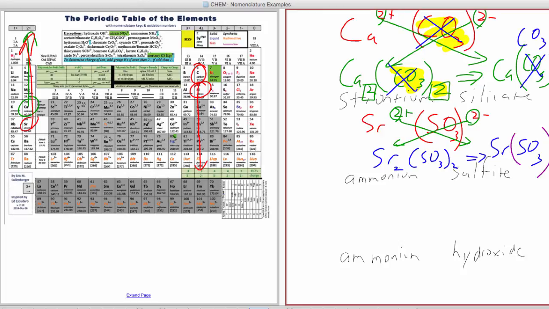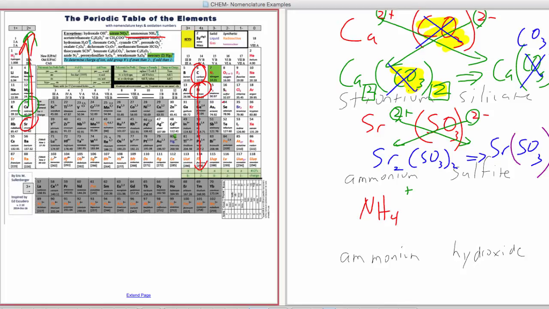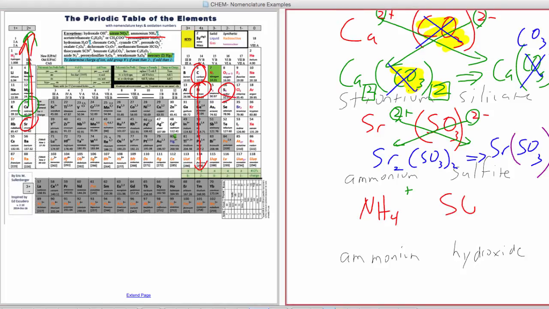Ammonium sulfite. Well, I happen to remember already that ammonium is one of the exceptions on the polyatomic ion chart. It's that one there. You could scour the periodic table and not find it, which is the other hint that it is an exception. Ammonium is NH4 with a 1+ charge. Sulfite, that's going to be sulfur, S. Ite, that's going to be O. 4 is for the -ate. Ite is 1 less, so this is 3.